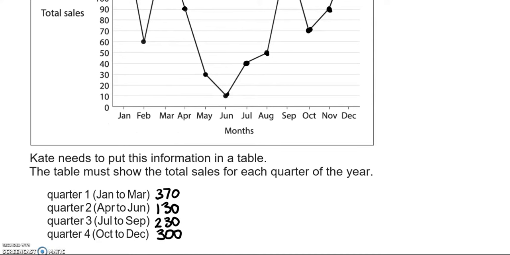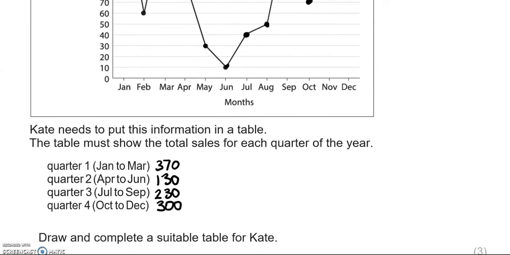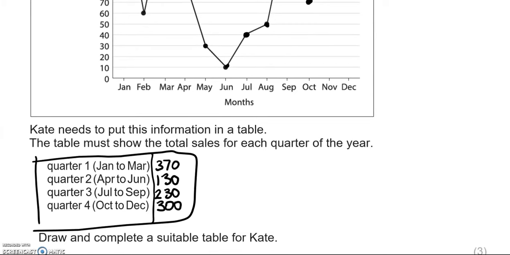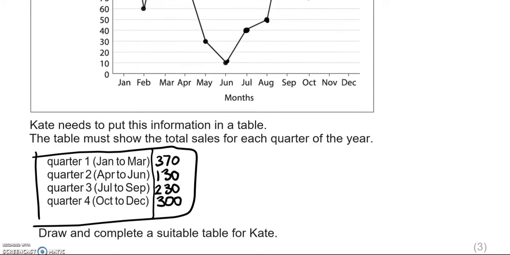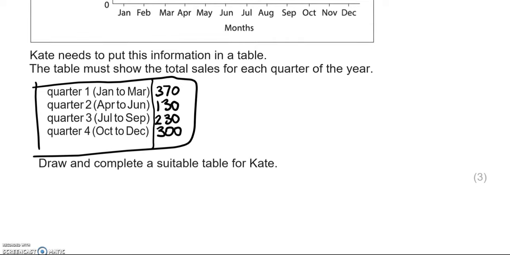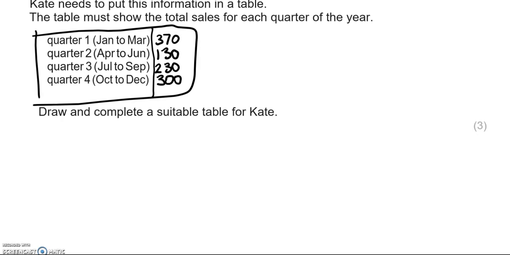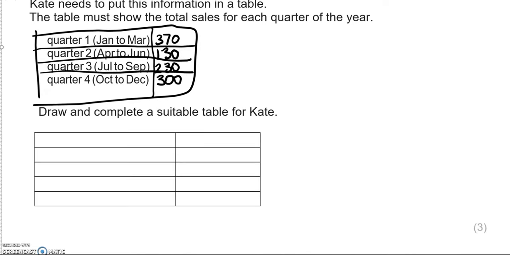Now we're going to show this information in a table. So I'm going to do it very similar to how it looks here. I'm going to give the columns a heading.